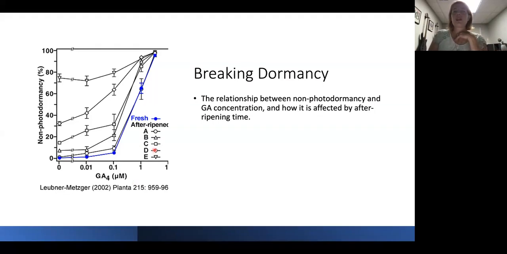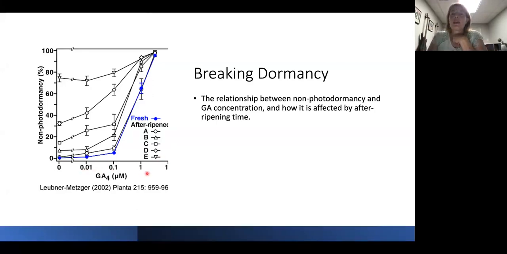okay, first of all, let's just look at our fresh seed. So we're just going to look at 0 gibberellic acid being added. And so the open circles are our youngest seeds, and the upside down triangles are the oldest seeds.